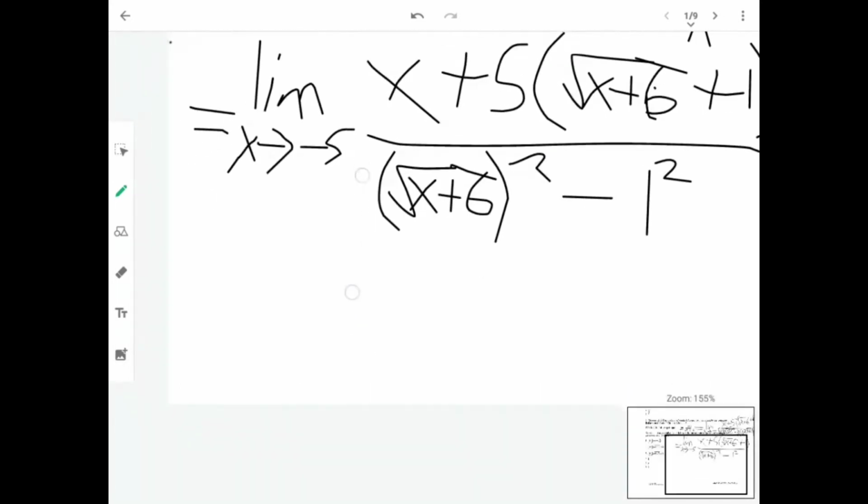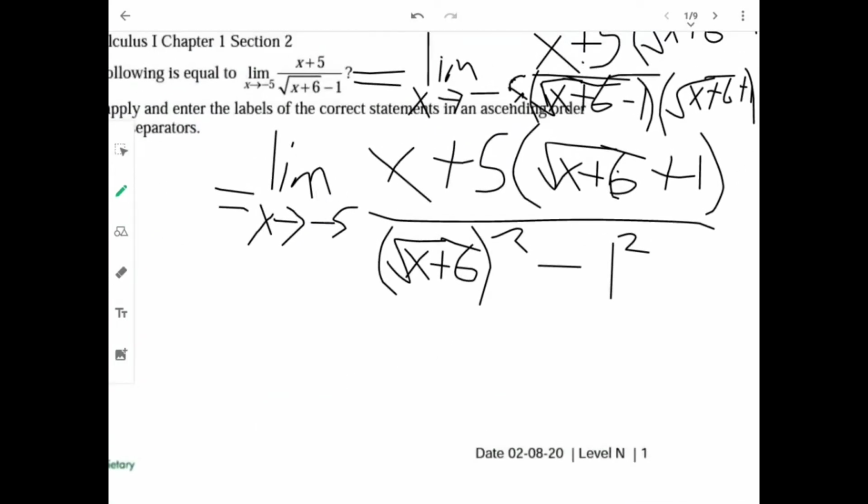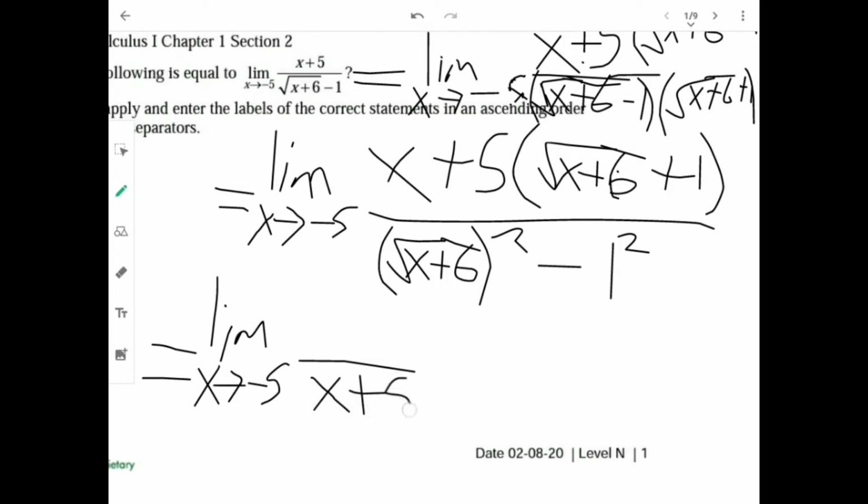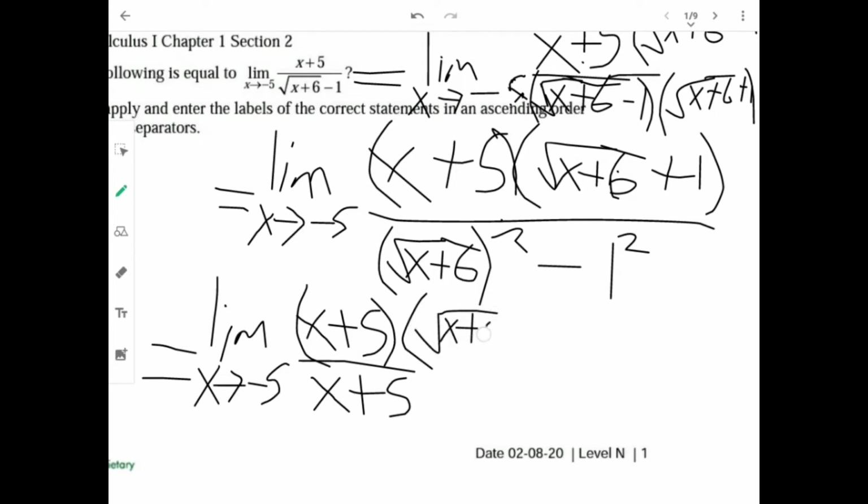Difference of 2 squares. So as you can see, it ends up again simplifying into limit of x as it approaches minus 5 of x plus 5, because x plus 6 minus 1 is x plus 5, and then x plus 5 here as well. Should have put brackets, yeah, into root x plus 6 plus 1.